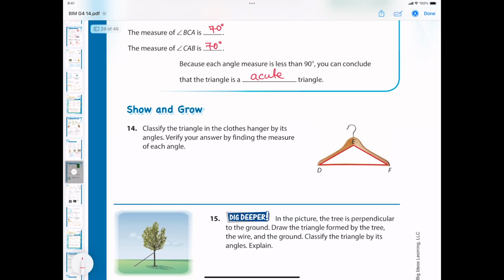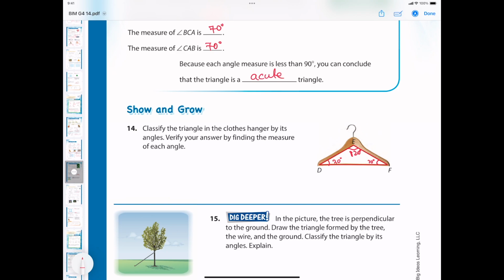Now classify number 14. Classify the triangle in the clothes hanger by its angles. Verify your answer by finding the measure of each angle. If you measure this, you must find it's 30 degrees. Use your protractors, okay? So this must be 120.